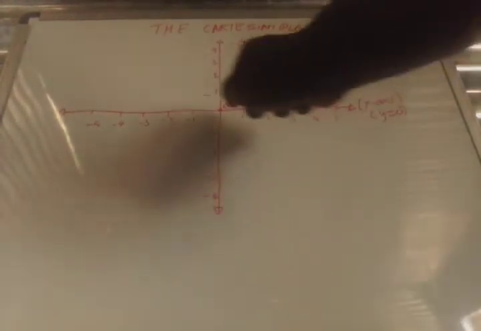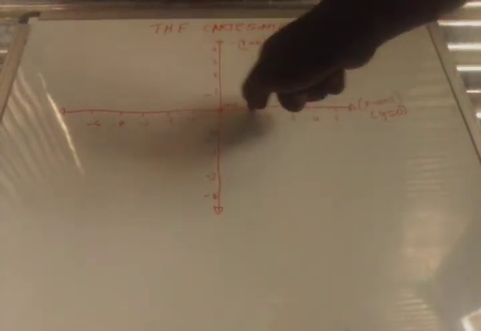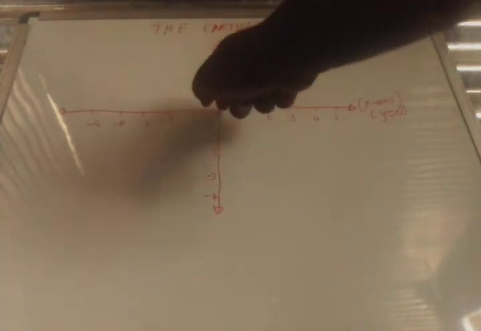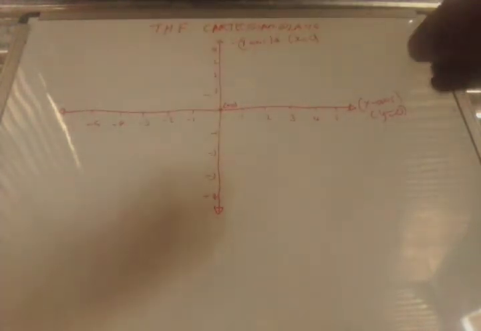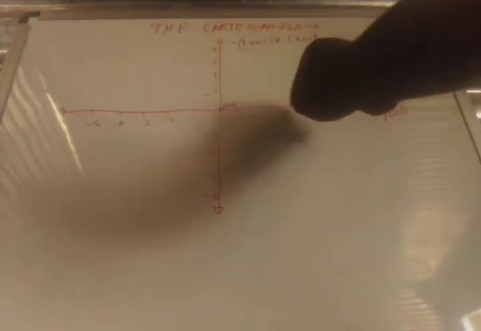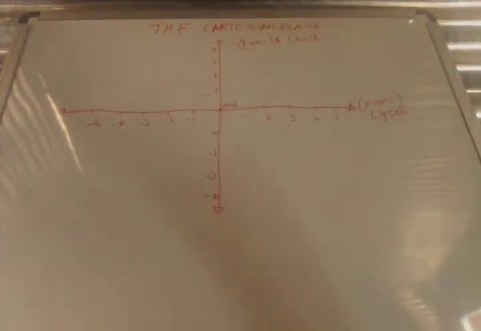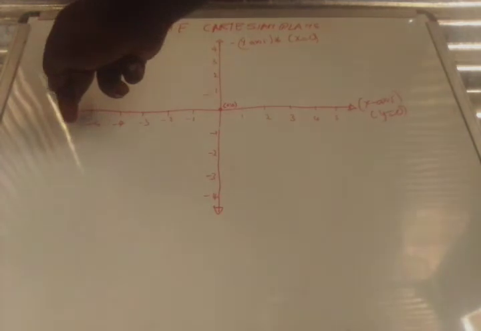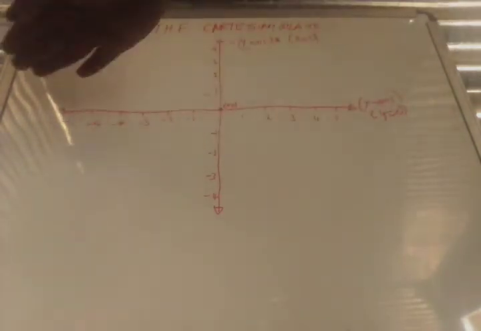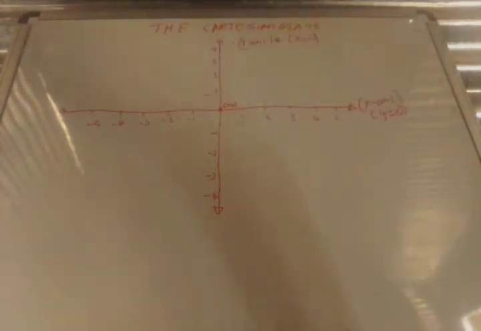So your x changes when you move along this line. When you move to the left or to the right, starting from this point, your x will change. But if you just move along this x-axis, the y will not change. So at any point on this horizontal line, y will be 0.